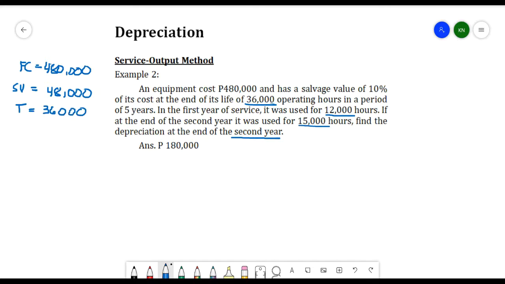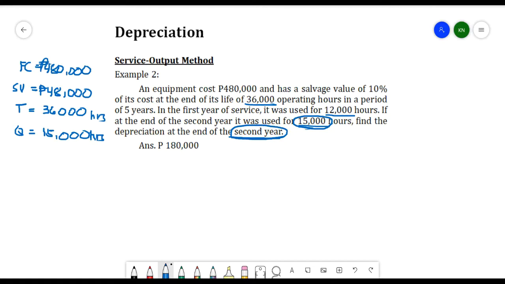Next, we have to find the depreciation at the end of the second year. Meaning to say, the second year is what we are looking for, and during the second year it has processed 15,000 hours, so this is what matters. So our Q now is 15,000 hours. This is hours and this is peso.